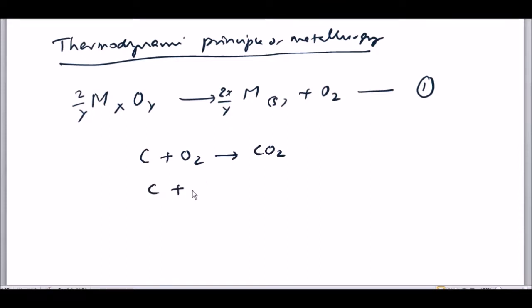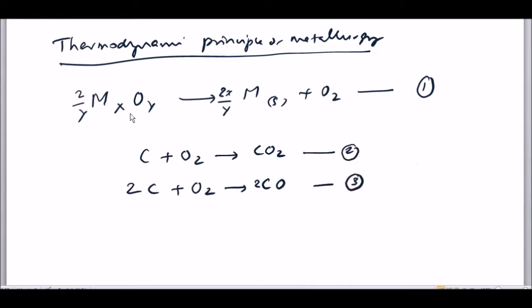The reducing agent carbon on incomplete combustion forms carbon monoxide also. To balance this equation, I can write 2 times. So this is equation number 2 and this is equation number 3.